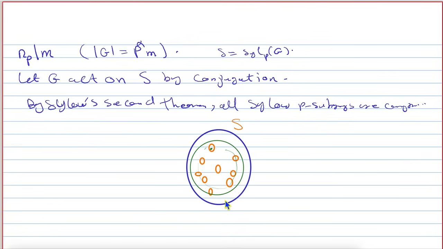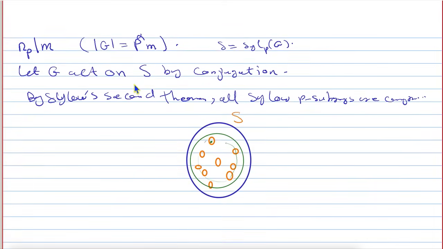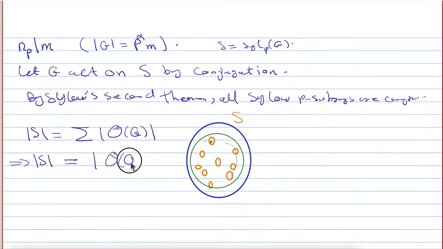And since this action is by conjugation, the orbit must be only a single orbit. Now recall that the size of S is the sum of the sizes of all orbits. If we take a representative Q of each orbit in S, but we have a single orbit, this means the size of S equals the size of this single orbit.